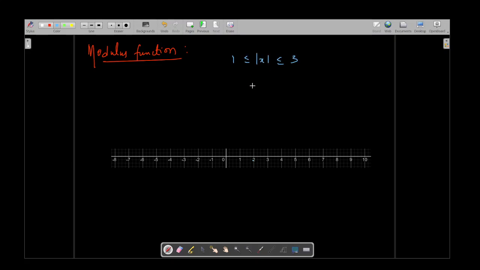The distance between 1 and 3 means we have to shade the region between 1 and 3. From here, the distance between 1 and 3 is the interval between this, and similarly, on the left side, we have from here to here. So this is actually minus 3 to minus 1, union 1 to 3. This we will use extensively while finding domain and range for inverse trigonometric functions.